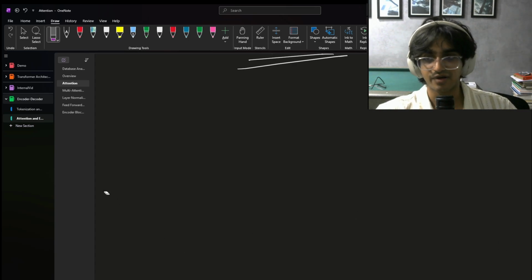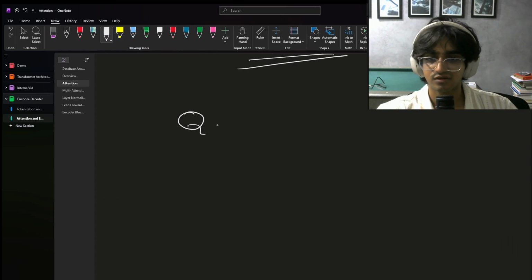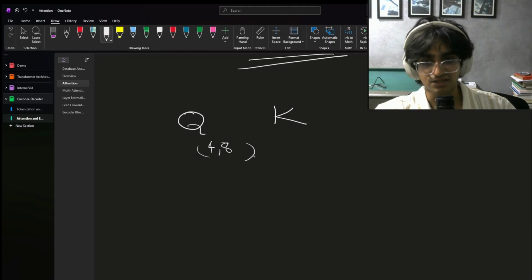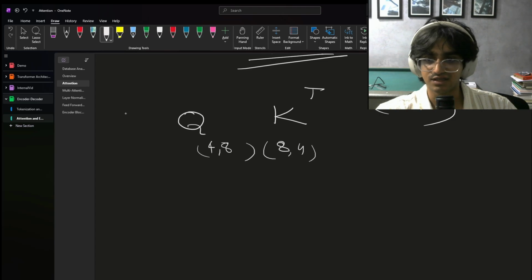So we take the dot product of our Q, which is 4 comma 8, with respect to your key. But we can't just take key because key is also 4 comma 8. So we take key transpose, so it's 8 comma 4. Here we end up with a 4 comma 4 shape, which is exactly what we want. So this essentially is your similarity.